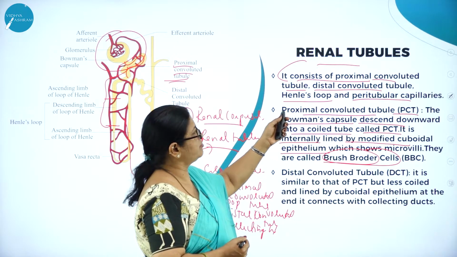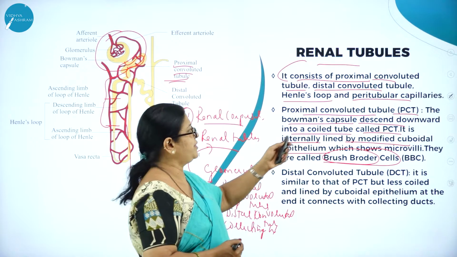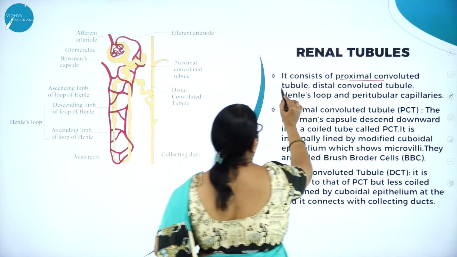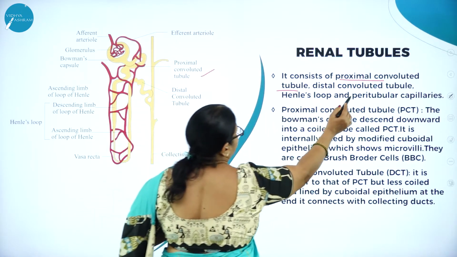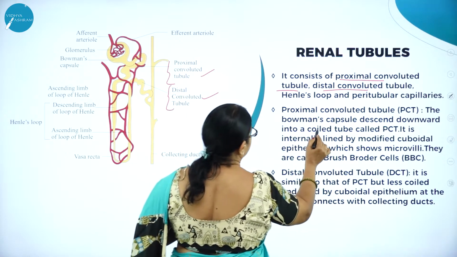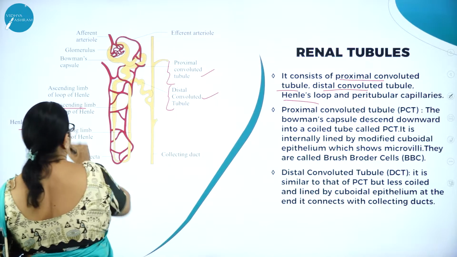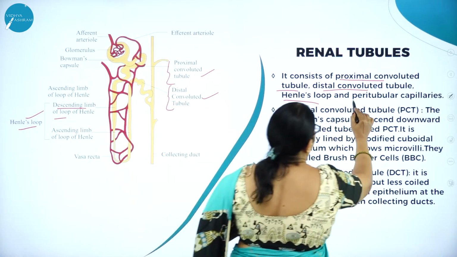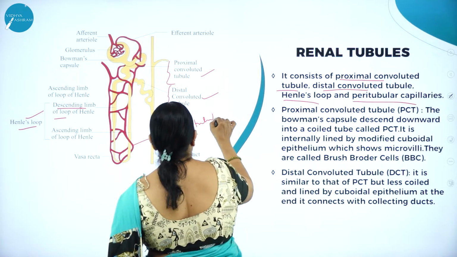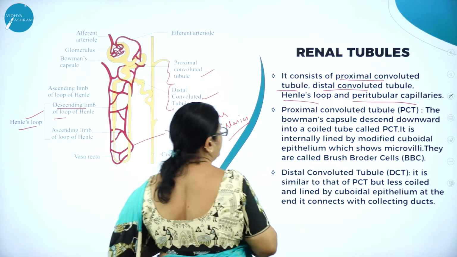The renal tubule consists of what? Proximal convoluted tubule, distal convoluted tubule, Henle's loop, and peritubular capillaries. Here you can see the ascending limb and descending limb of Henle's loop, and the peritubular capillaries.